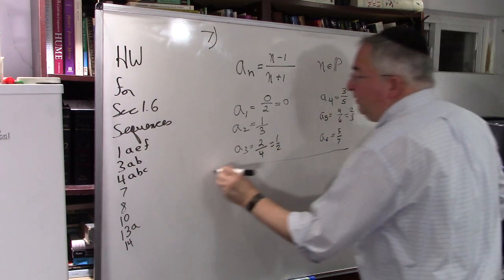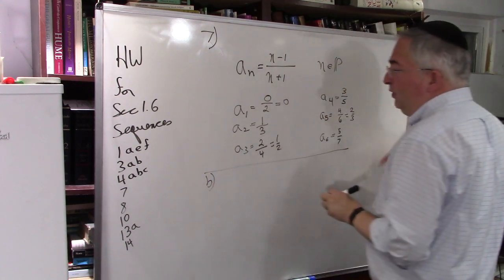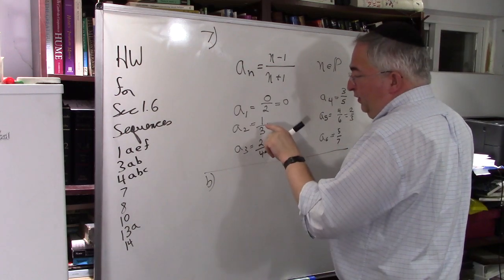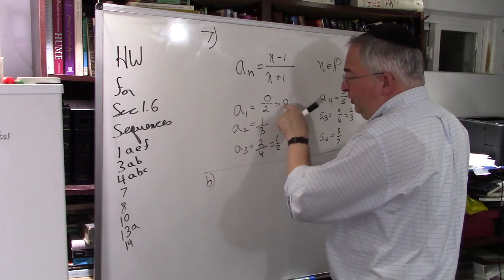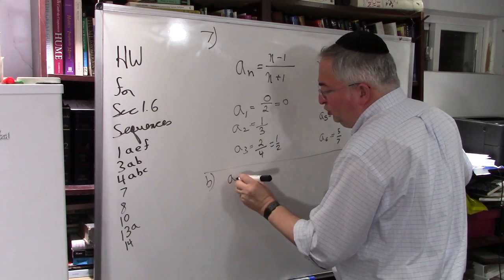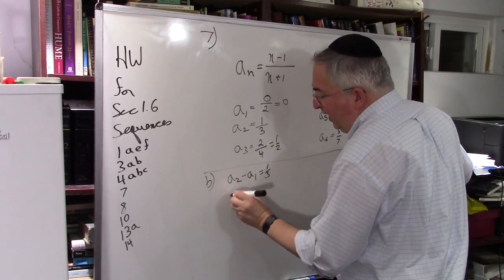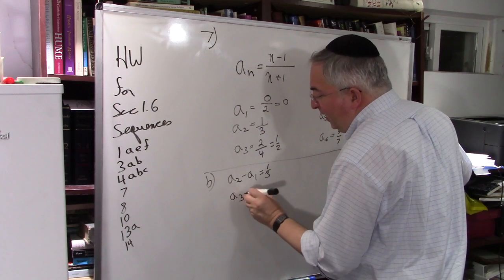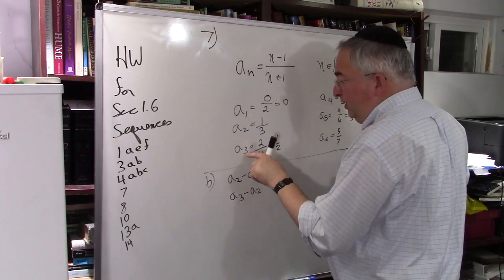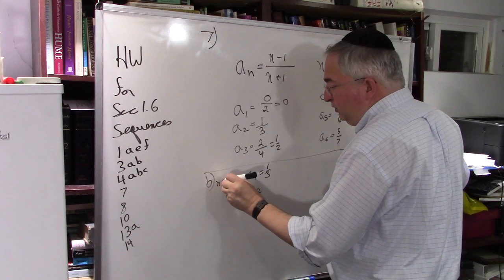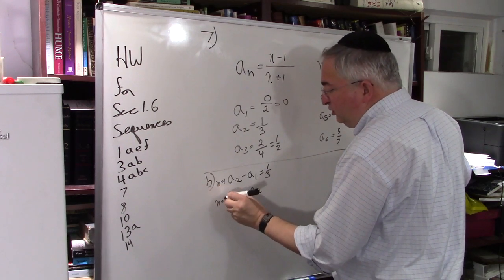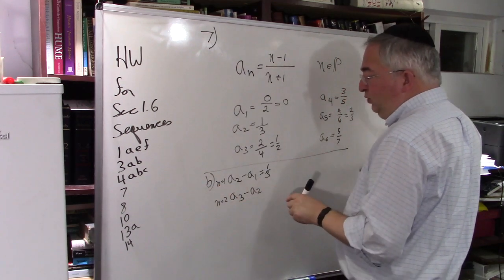So we're doing B. Okay, so first, 1/3 minus 0. So A2 minus A1 is equal to 1/3. A3 minus A2, okay, so this is n is equal to 1. This is n is equal to 2.